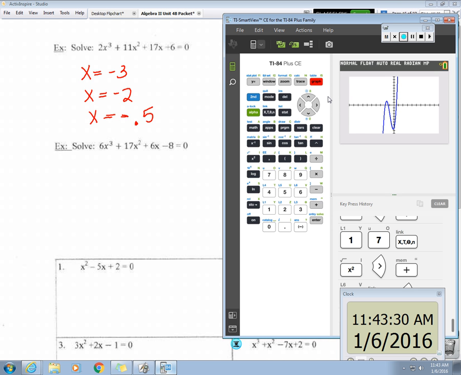Okay, how many times does it cross? 3, right here, and right here. Are any of them whole number intercepts? No, look, that doesn't cross at negative 1. It crosses a teeny bit to the left of it. So we're going to have to use second trace to find this one and this one. But for this one over here, where does it cross?